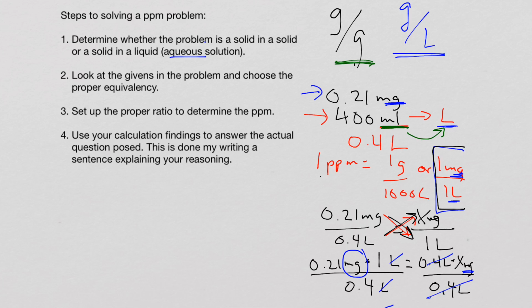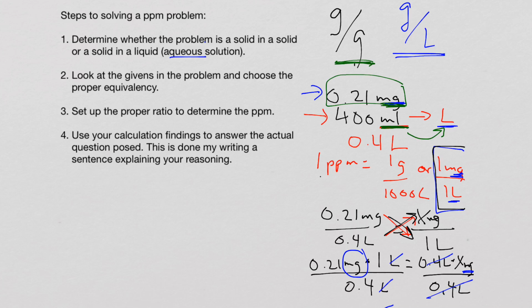In order to do that, I need to look at the units that I've actually been given. It's easier to choose an equivalency where you don't have to do any converting. Unfortunately, that's not always the case, as we see with our values here. We were given 0.21 milligrams, and the milligrams should be a really big hint for us.